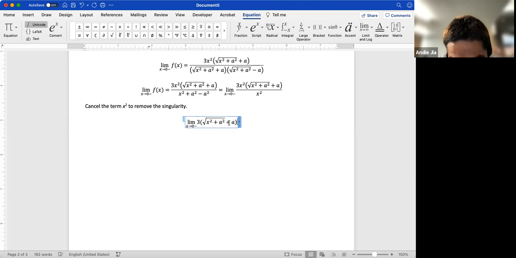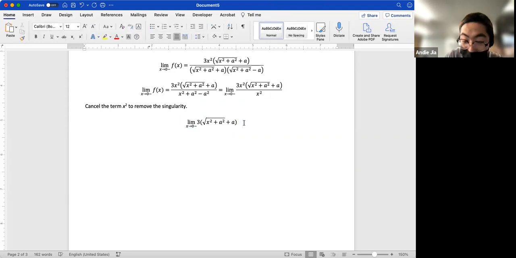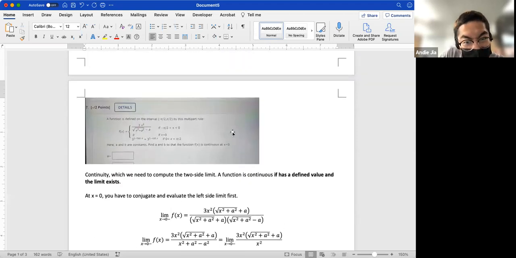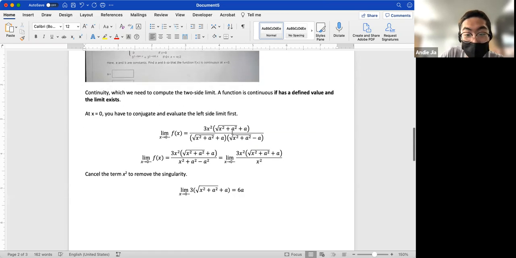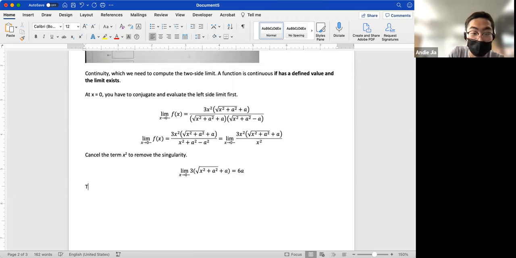It's just 3 plus a, and it's going to be 3 plus a. It's going to be 3 plus 0, which is 3 to 6a, so 6 equal to b, and the right side limit is b.